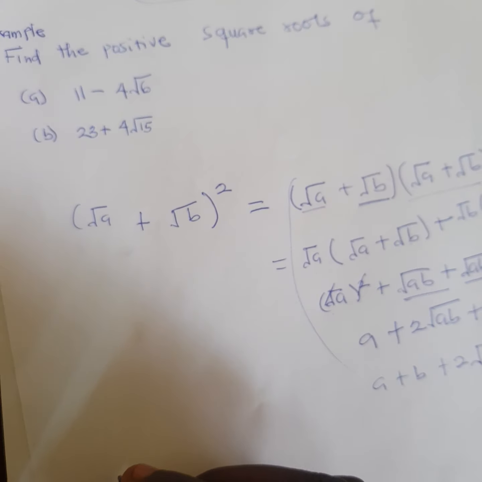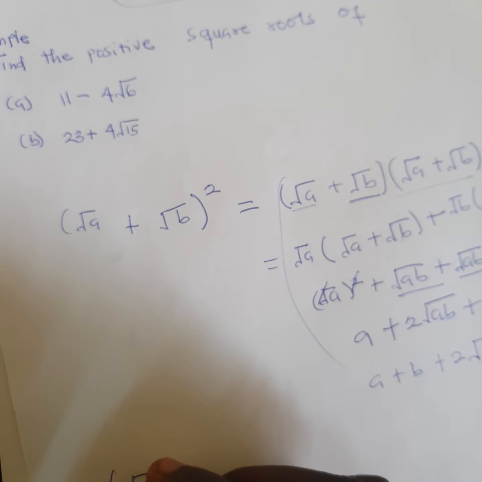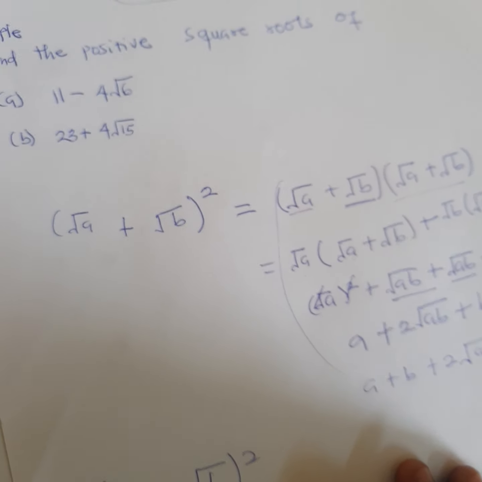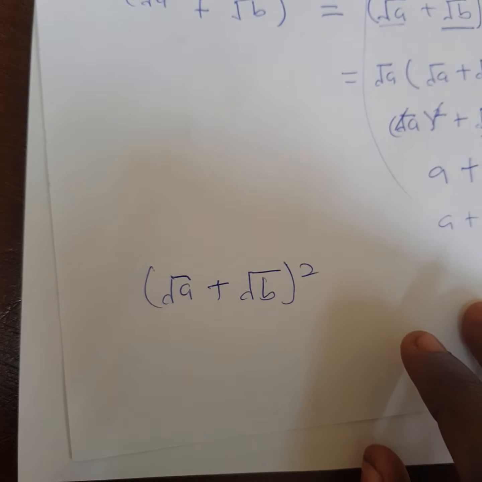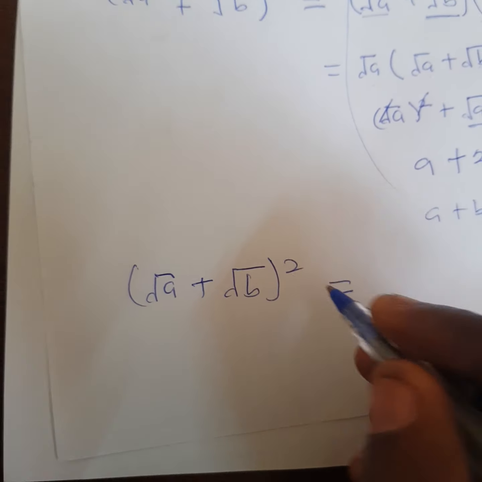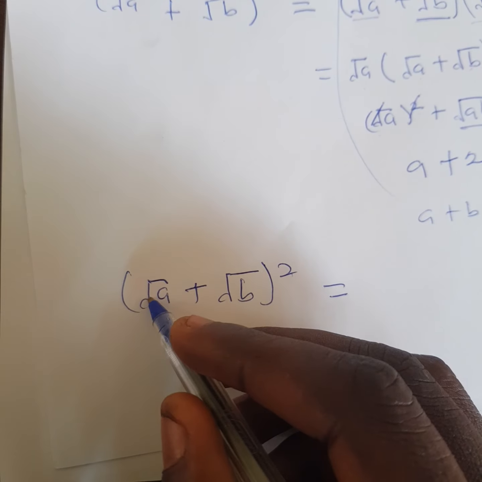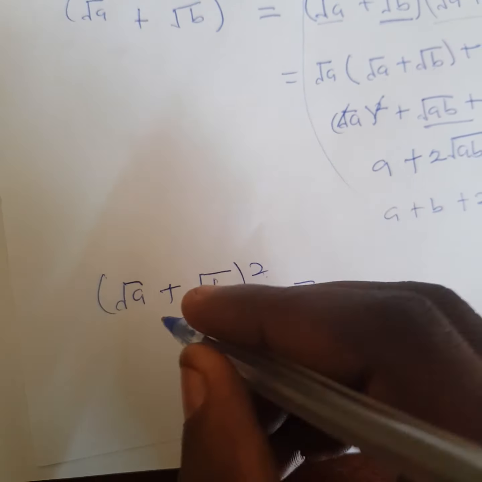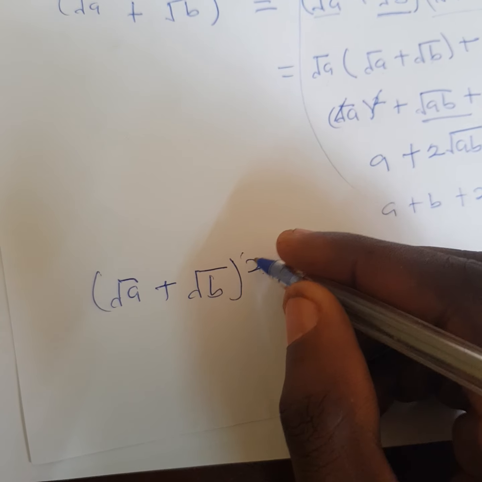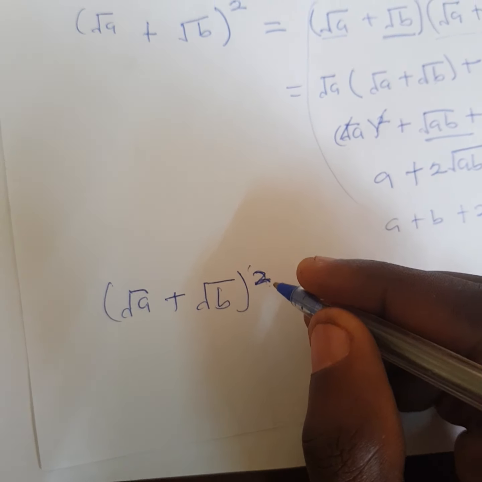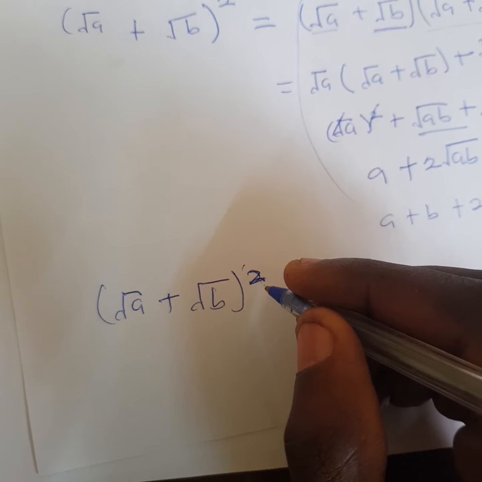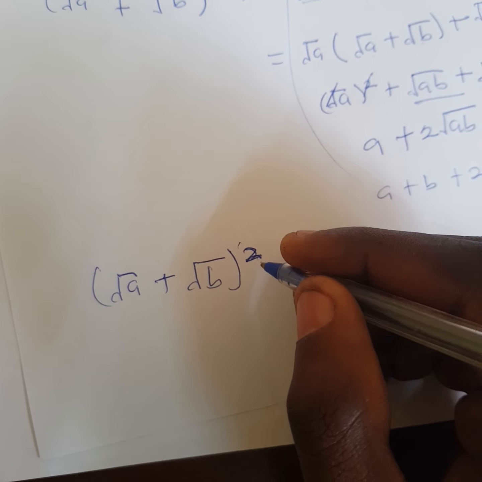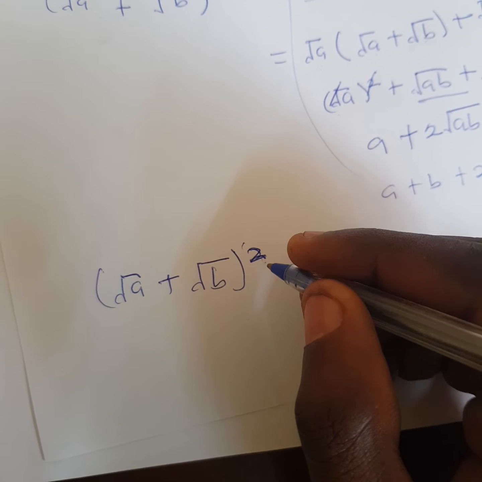So having been given root of a plus root of b squared, all you need to do is pick the square, the first term. So when we square the first term, the square root here only implies when the expression is squared, and not when it is an index of 3 or 4.